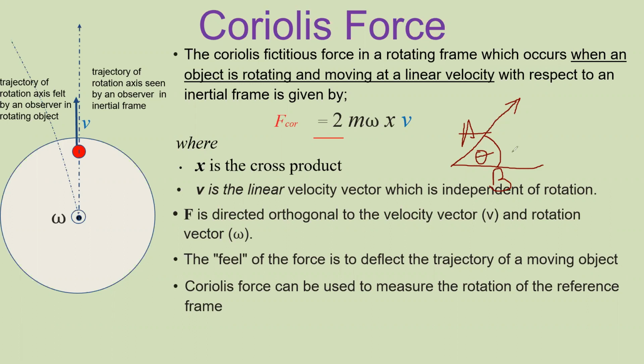This is directed in this direction and this is in this direction. So where will be the direction of the resulting vector of the cross product? It will be into the screen. Into the screen I denote by X. Out of the screen I denote by a dot.